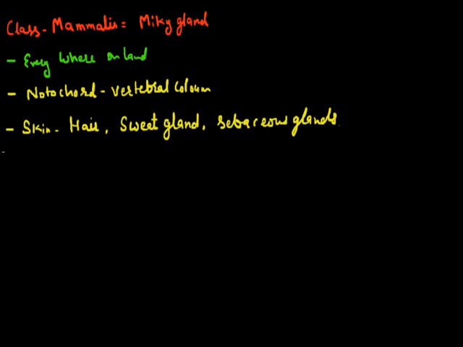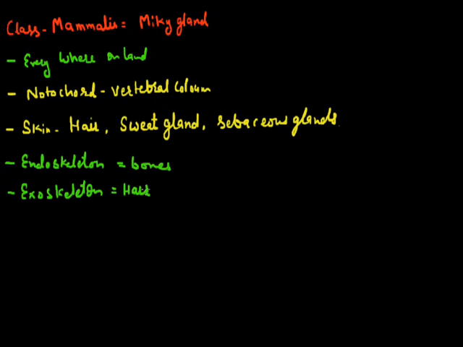Now, mammals have an endoskeleton also. Endoskeleton is made up of bones, while the exoskeleton is the skeleton or structure present outside the body, made up of hairs. Now, these animals have subcutaneous fat also.